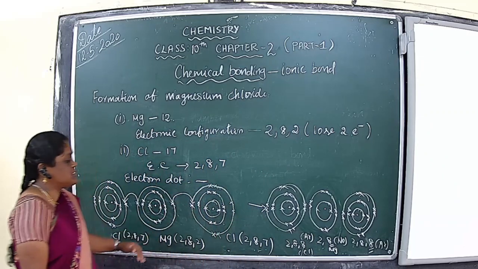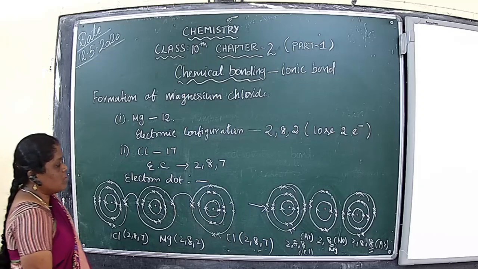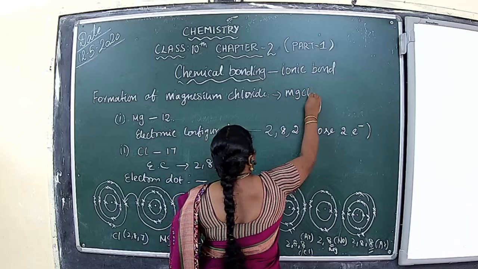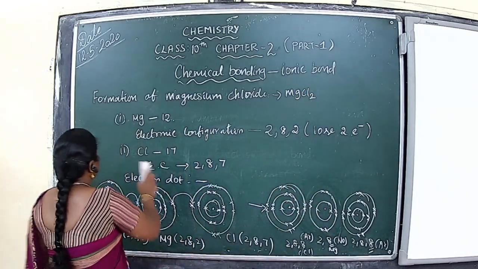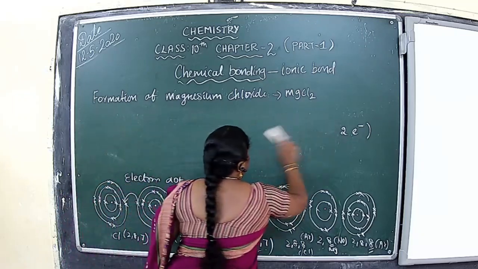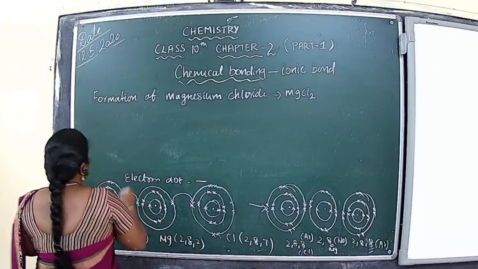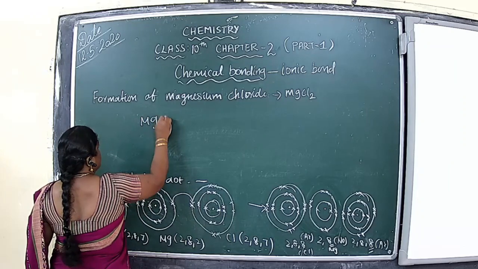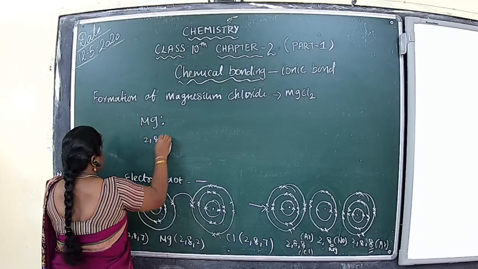This is the electron dot structure of magnesium chloride. The formula is MgCl2. And the last one is the ionic structure. Simply we can write magnesium with last 2 electrons, 2, 8, 2.